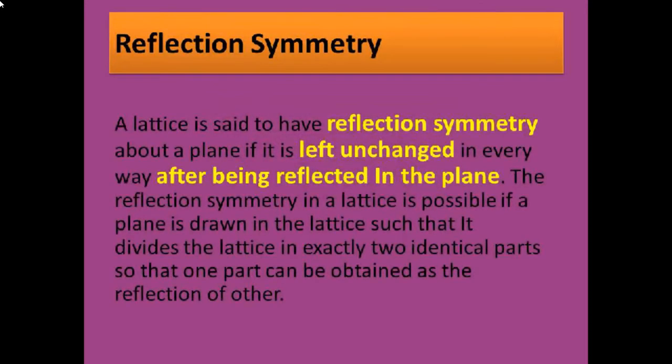Reflection symmetry: as the name indicates, we will see the reflection. A lattice is said to have reflection symmetry about a plane if it is left unchanged in every way after being reflected in the plane. The reflection symmetry in a lattice is possible if a plane is drawn in the lattice such that it divides the lattice into exactly two identical parts, so that one part can be obtained as a reflection of the other.